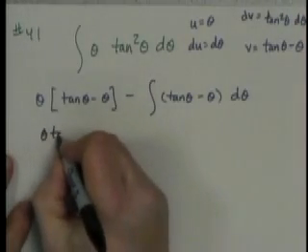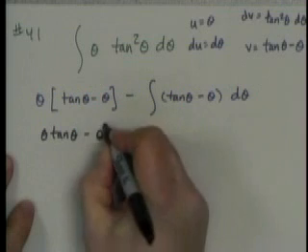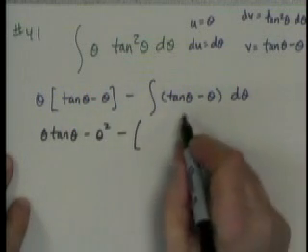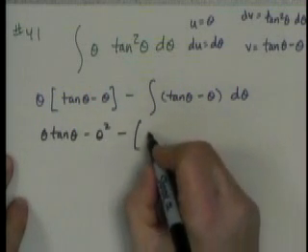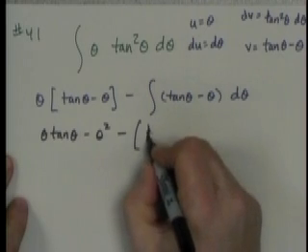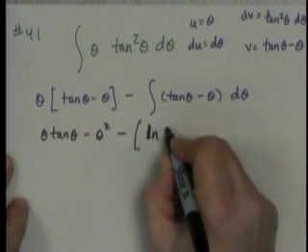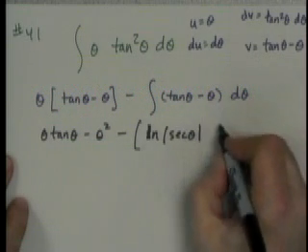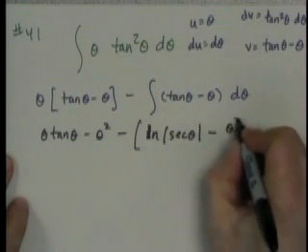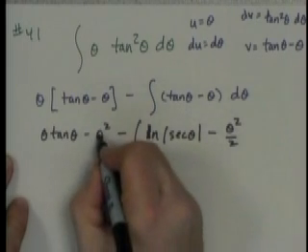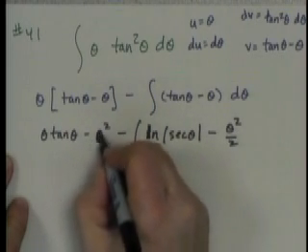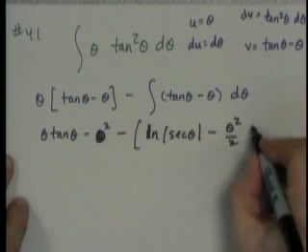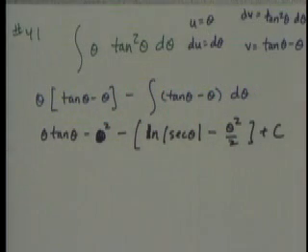So I get theta tan theta minus theta squared minus, so the antiderivative of tangent theta was natural log of the secant. And the antiderivative of theta is theta squared over 2. Now I have plus some integration constant.